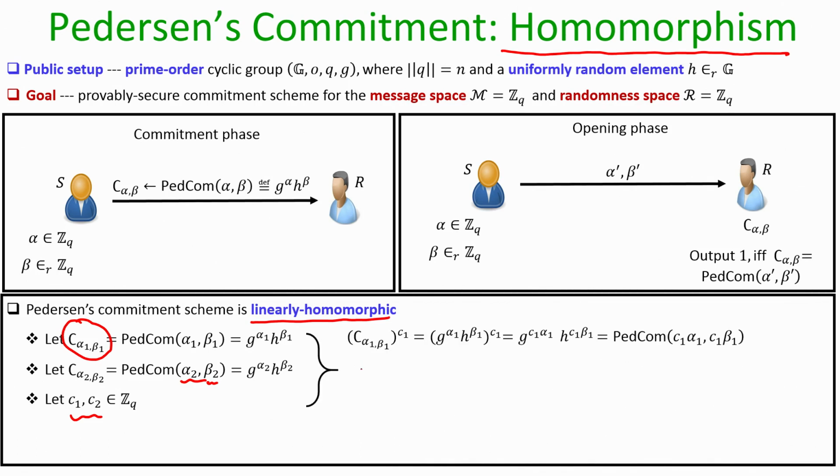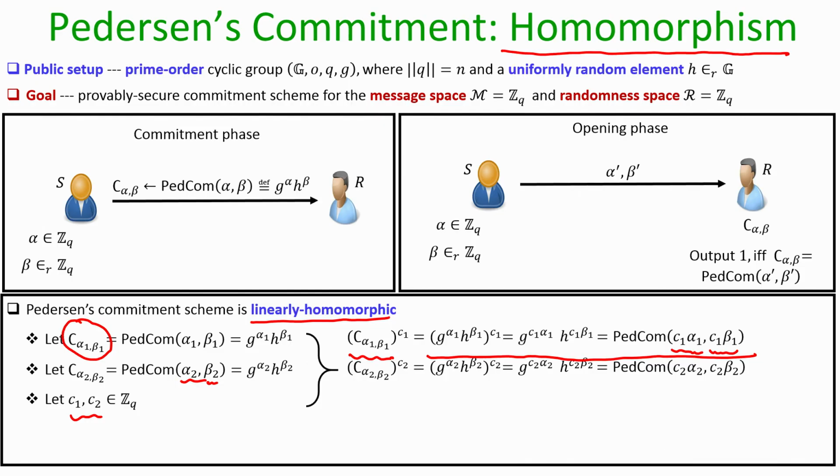Now, the way the Pedersen commitment function is defined, if we take the commitment of alpha 1 and raise it to C1, then we end up getting a value which can be treated as the commitment of the value C1 times alpha 1 under the randomness C1 times beta 1.